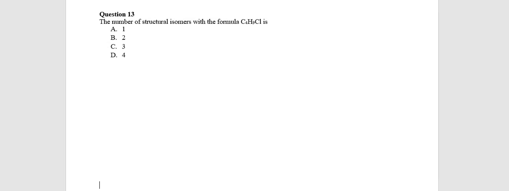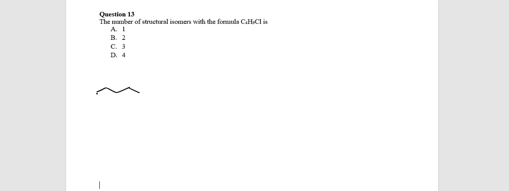This is a good opportunity to revise how to use skeletal structure, which is probably the best way to work out how many isomers something has. It is the fastest method anyway. I'm going to start with this. So 1, 2, 3, 4. Each end or vertex represents a carbon. You don't show any hydrogen bonded to a carbon, which in this case is all the hydrogens, but you're going to show the chlorine.